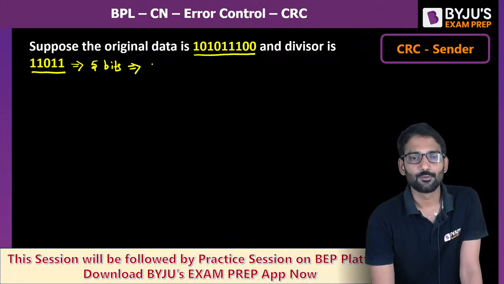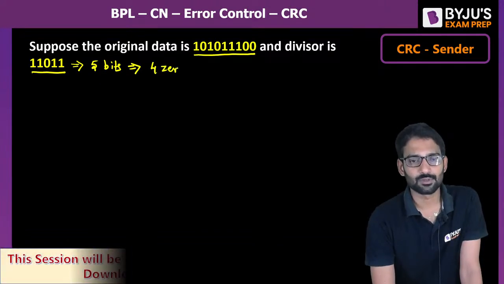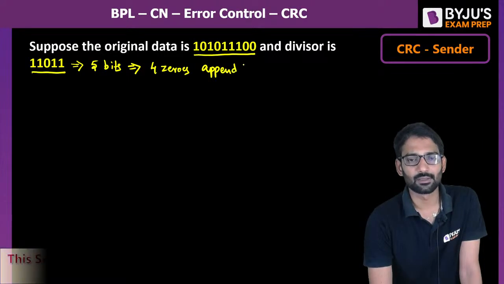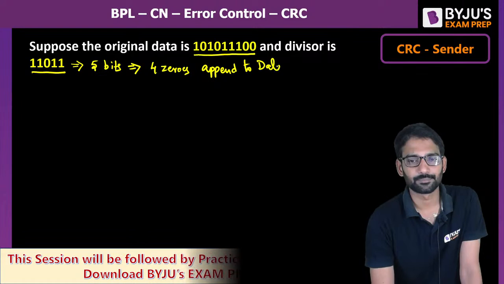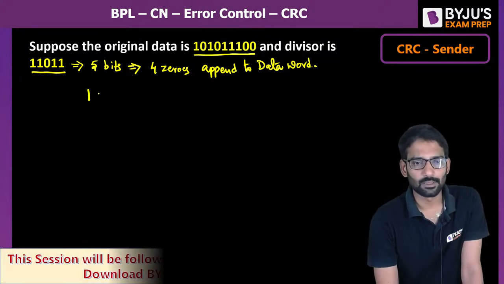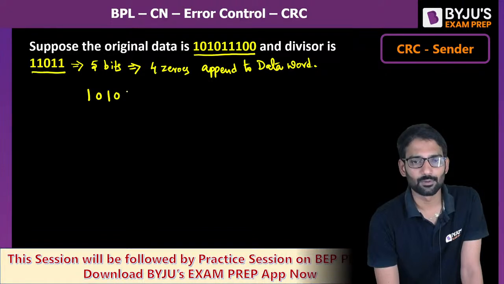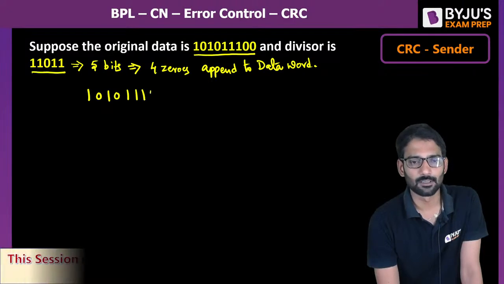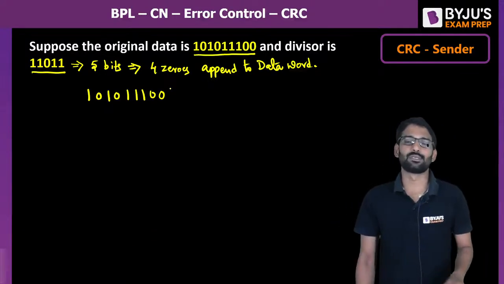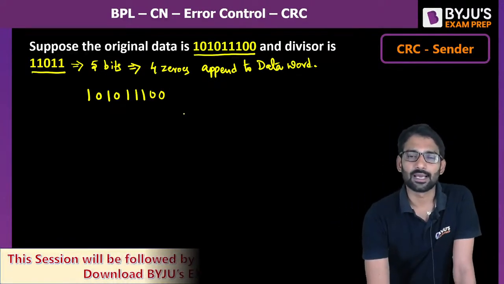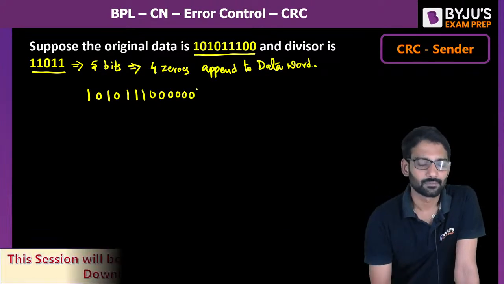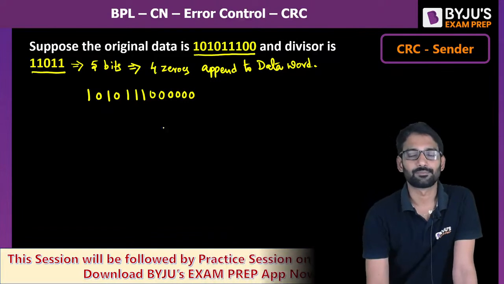So 4 zeros are appended to the data word. So 1 0 1 0 1 1 1 0 0. This is the actual data word. For this, to calculate the remainder, append 4 zeros.